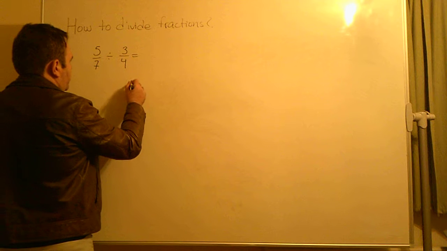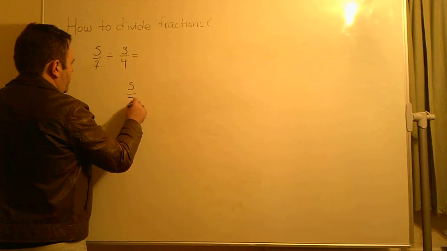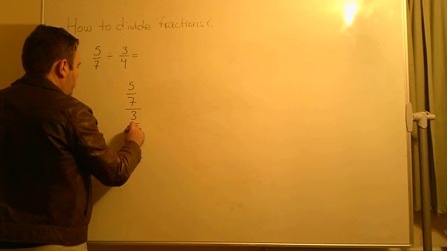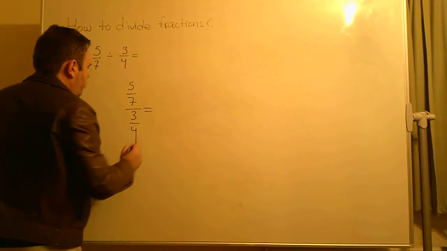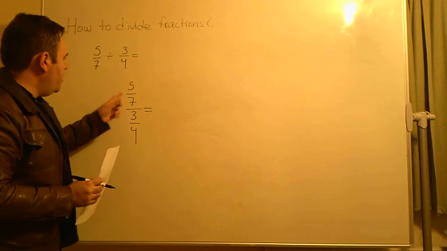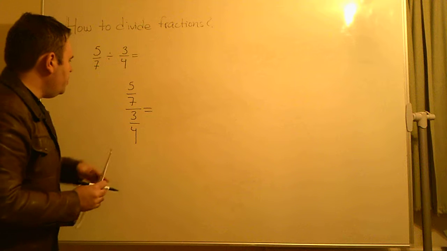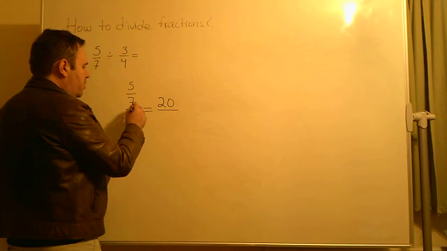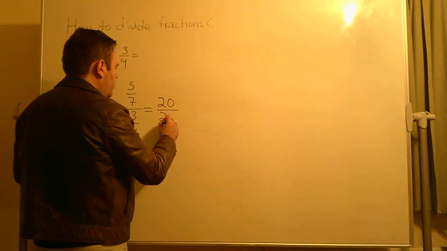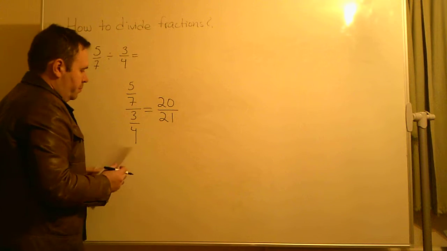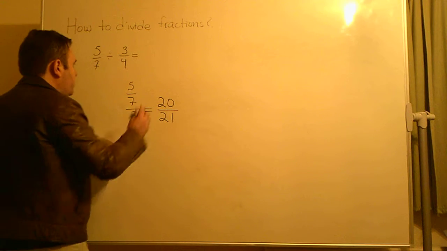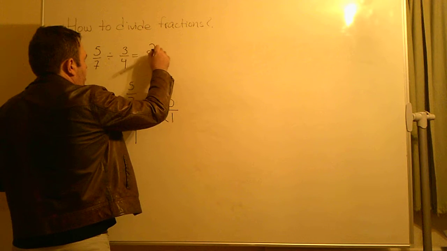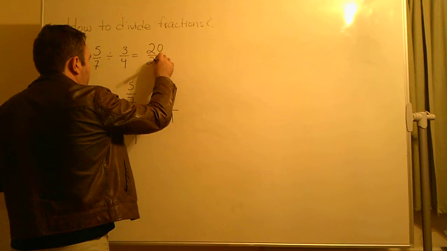Well, what we do is we write it down like this: 5/7 divided by 3/4. And then what do we do? We multiply 5 times 4, 20, divided by 7 times 3, 21. And that's it. That's the result. 20 divided by 21.